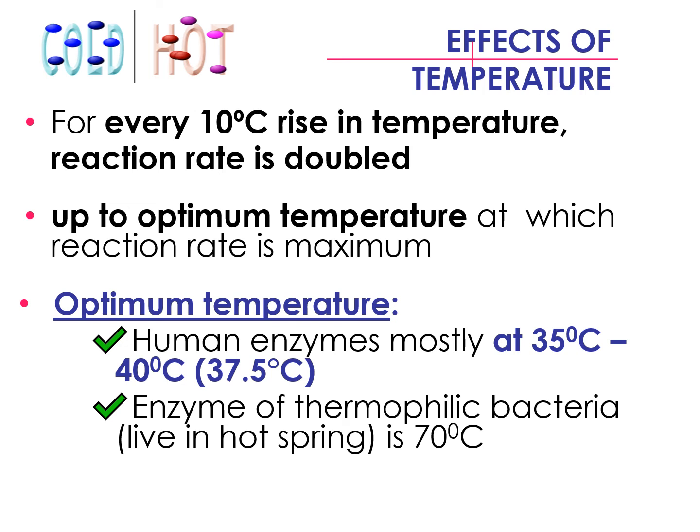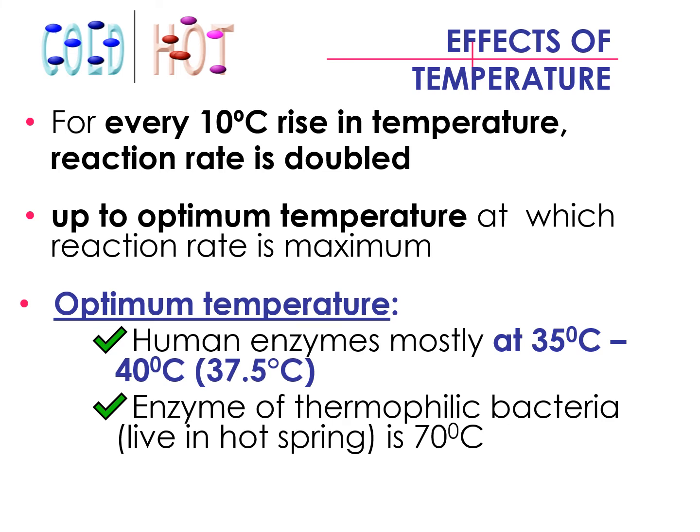Beyond optimum temperature means the temperature keeps rising further. For example, human enzymes mostly work optimally at 35 degrees Celsius to 37.5 degrees Celsius or 40 degrees Celsius. If the temperature rises to more than 40, then something will be damaged in our body.